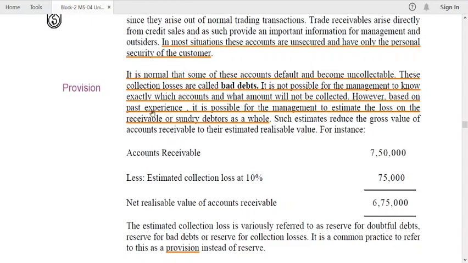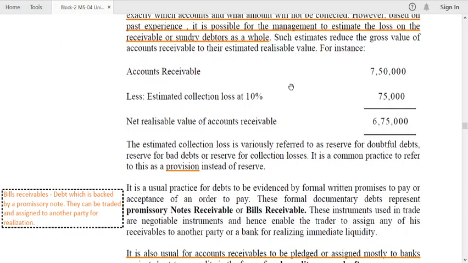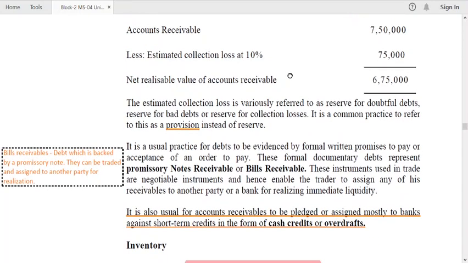However, based on past experience, it is possible for the management to estimate the loss on the receivables or sundry debtors as a whole. For example, in this example, see here, 10% is estimated as a loss. Out of 7,50,000 which is to be received by the company, 10% is treated as a loss or a bad debt. The company says that this is not going to come. This is also called a provision.